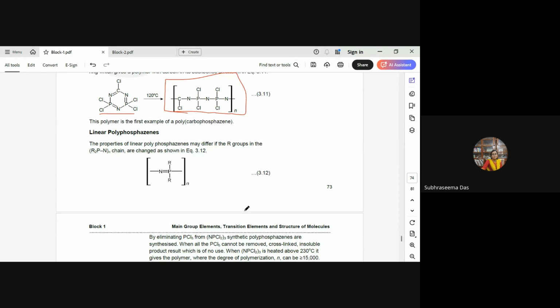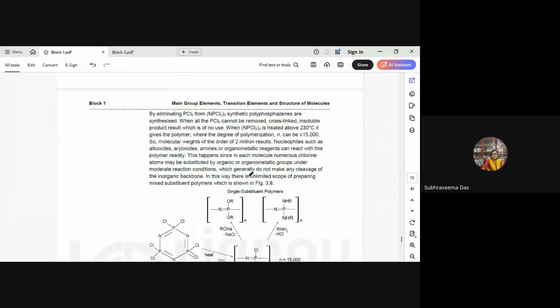Then coming to linear phosphazenes. The properties of linear polyphosphazenes differ if the R groups in the chain are changed, that is P double bond N, with R and R. So the properties also change. By eliminating PCl5 from (NPCl2)3, synthetic phosphazenes are synthesized. When all the PCl cannot be removed, an insoluble product is formed which is of no use to us.